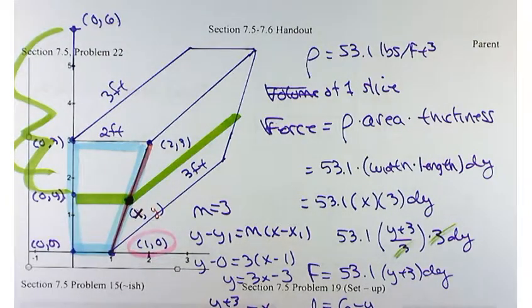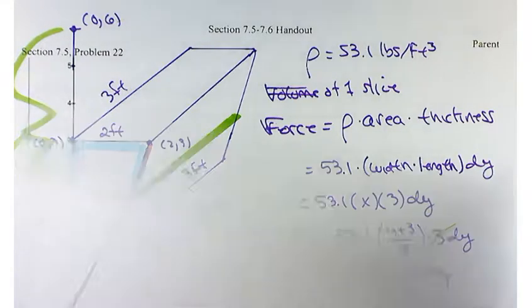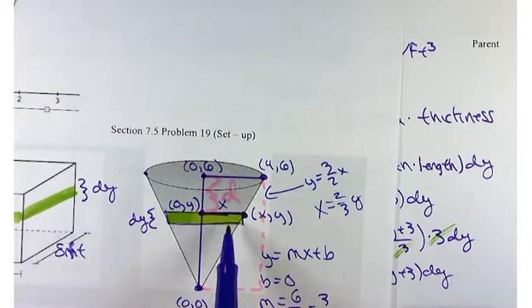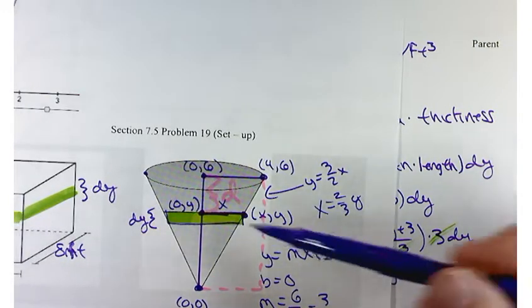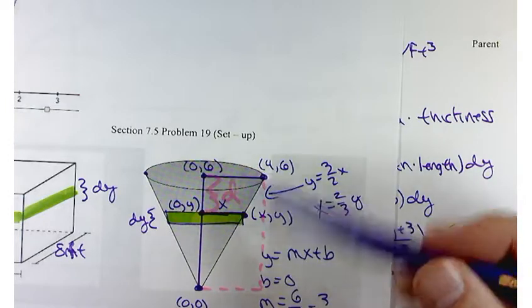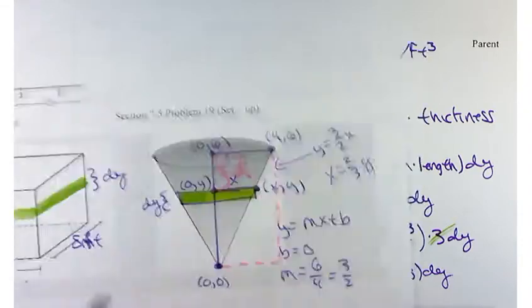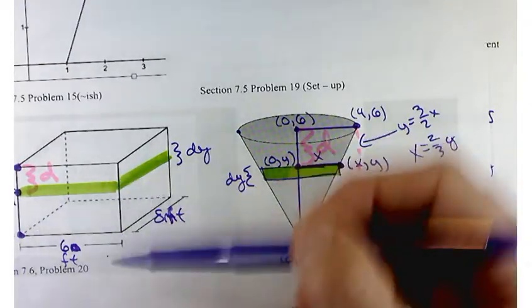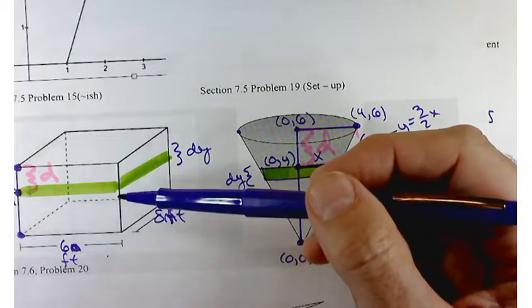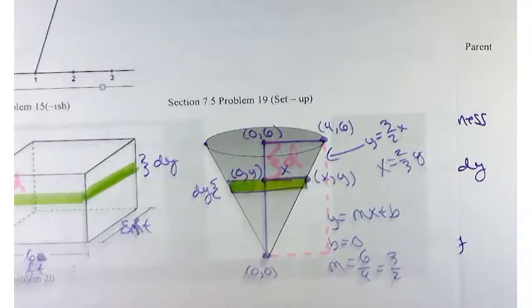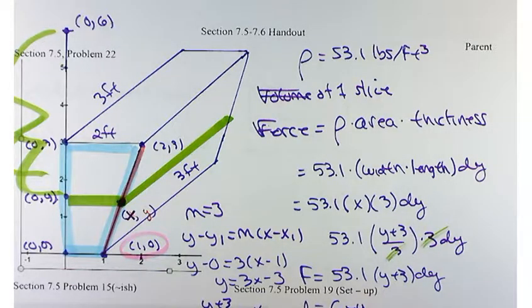But here it changes. In problem number 19, it changed. So if that area changes, then you're going to have a function that reflects its changing area based on the height. And so that's what made problem 19 harder than problem 15. Here, you have a uniform area independent of where you take your slice. So, yeah, good question. Thank you.